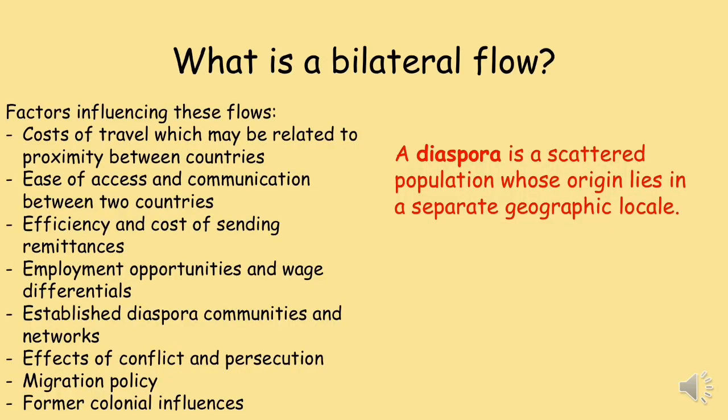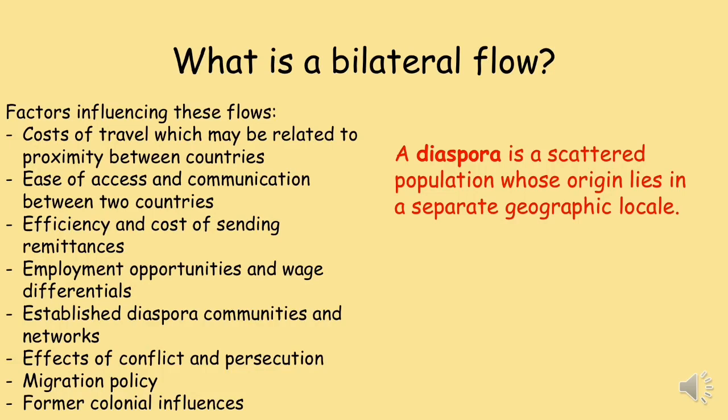And finally then, there are a number of factors influencing the flow of migrants, and we've looked at these throughout the whole of the migration topic. So the first one, costs of travel that might be related to proximity between countries. Obviously, the further apart the countries are, the more it's going to cost and the harder it will be to do. The second one then, ease of access and communication between two countries.